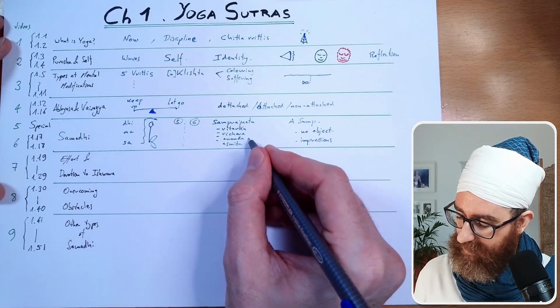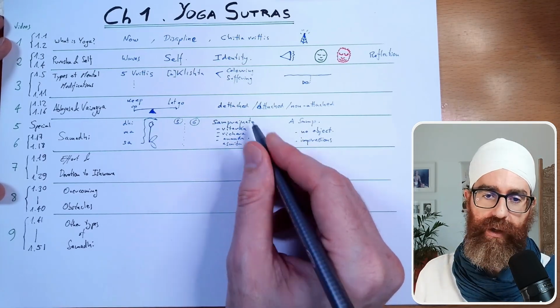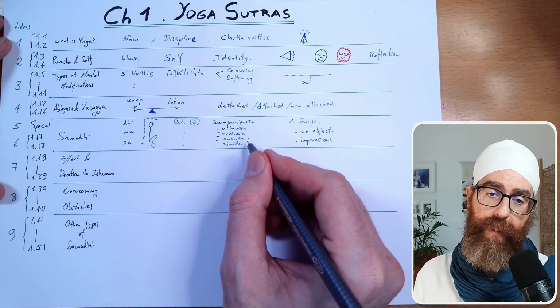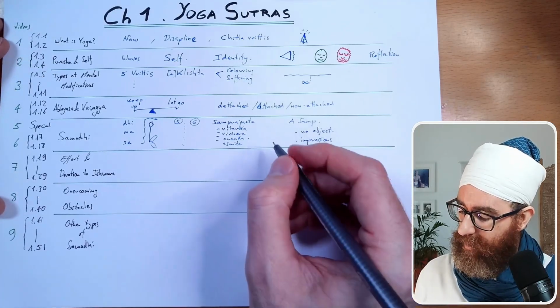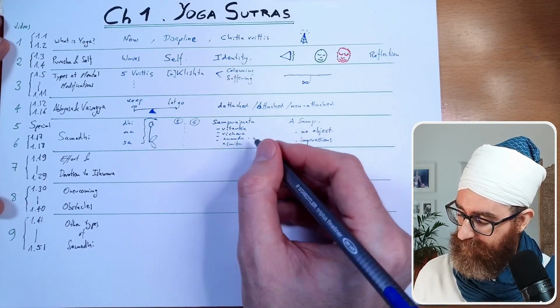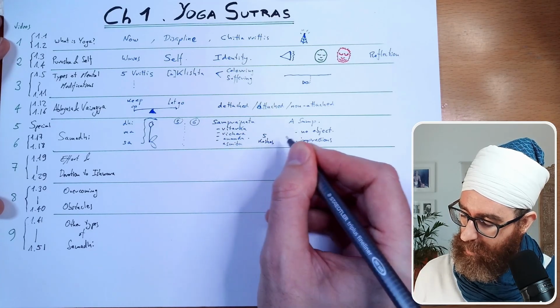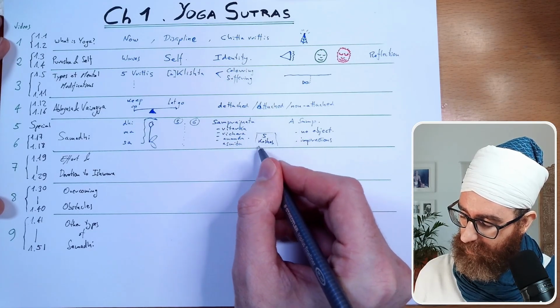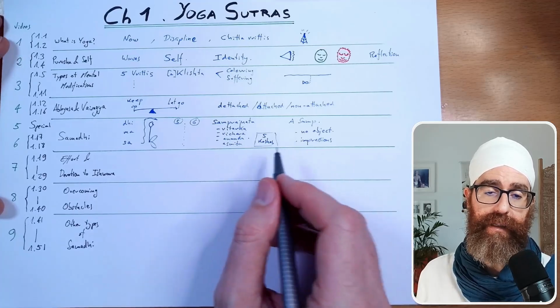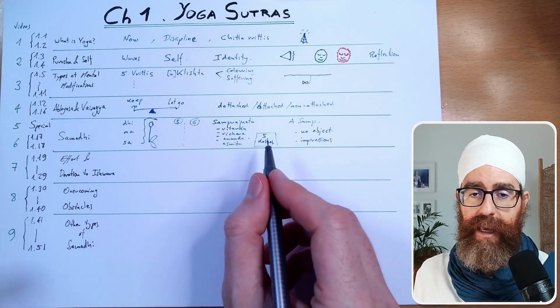And when we talked about this ananda and asmita, I did mention how these four in this case reminded me of the five koshas, and how in the five koshas we have the five layers.